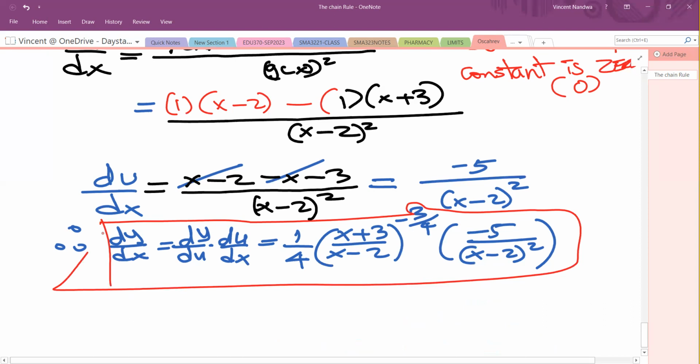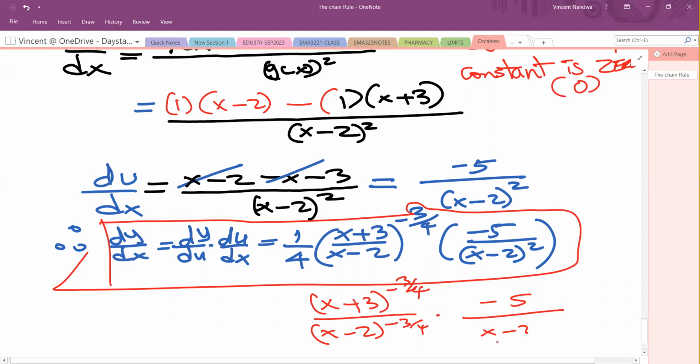Or if you want to complicate it, you can put this x plus 3 raised to minus 3/4, and the one below, x minus 2, raised to minus 3/4. Then here is minus 5 over x minus 2 power 2. Then here is 1/4.